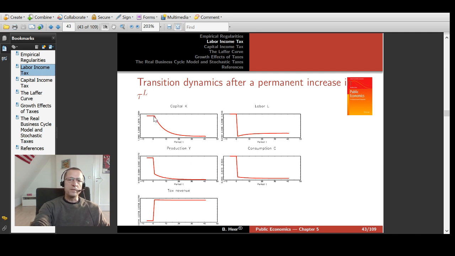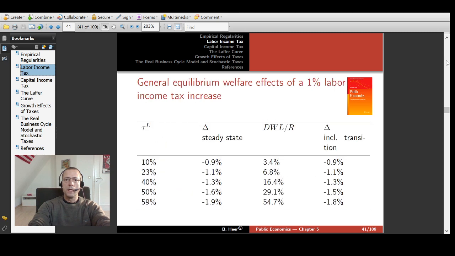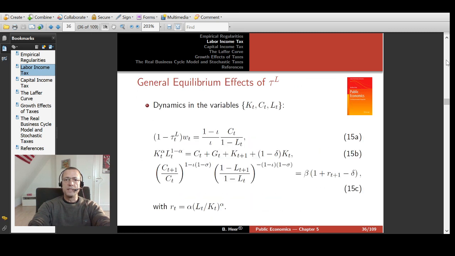So we have K0, and as an initial guess, we might have started with a value of K1 and then iterated forward and compared K41 with the new steady state value. Well, if you consider our dynamic equation system 15, you will notice that this is not possible.